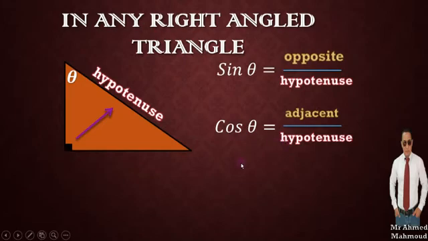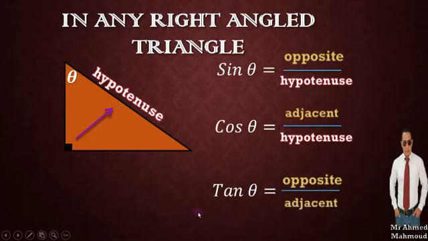Finally we have a third one, called tangent of the angle. We symbolize this one by tan, T-A-N. Tan of the angle, or tangent of the angle. Tan is a ratio between the opposite and the adjacent.